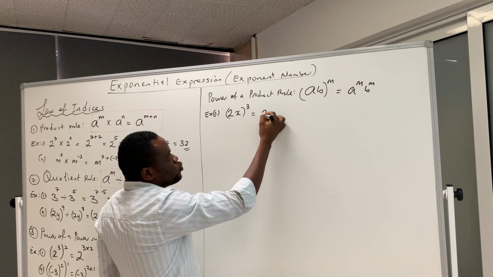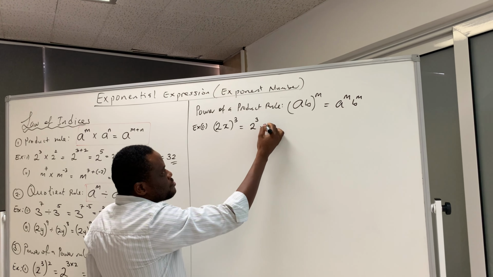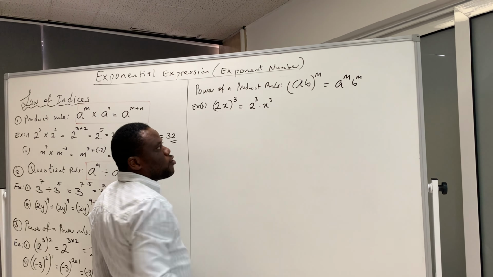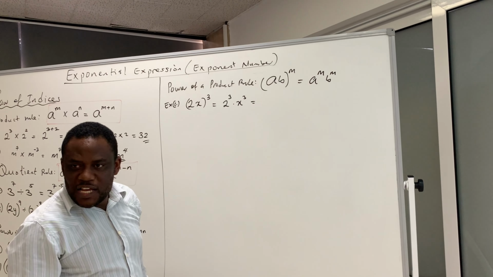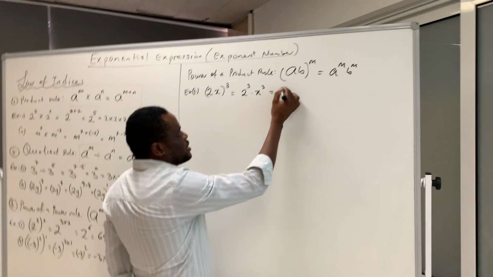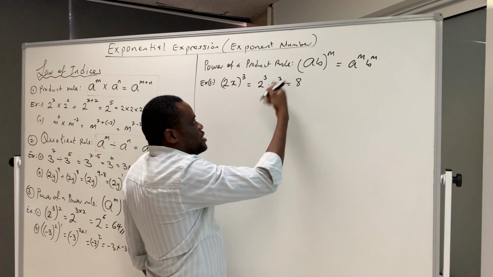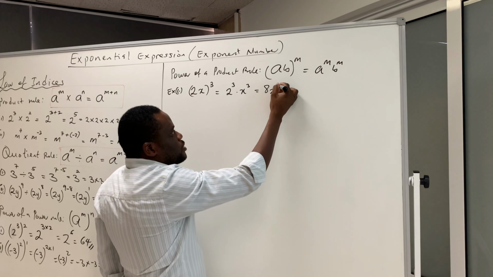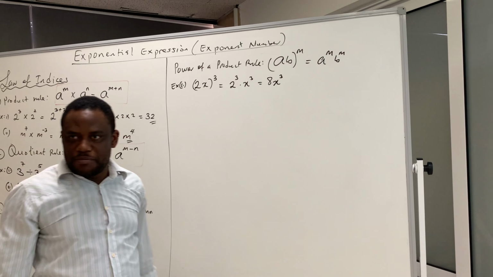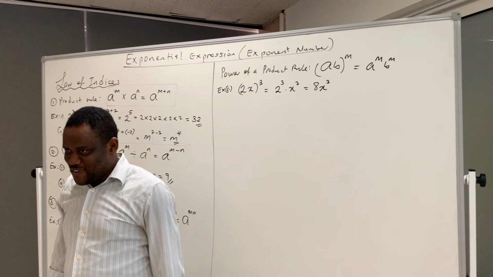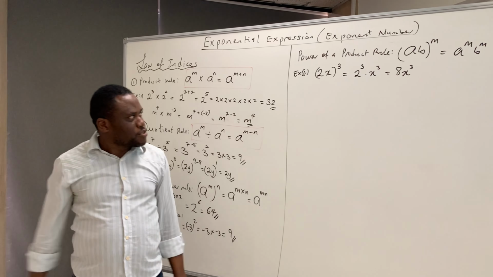So we have 2 to the power of 3 times x to the power of 3. And 2 to the power of 3 is what? 8. And x, this is a letter. This is a good example of alphanumeric terms, a number and a letter.